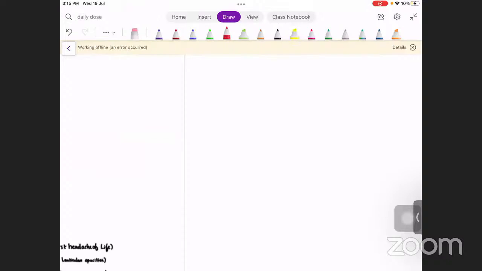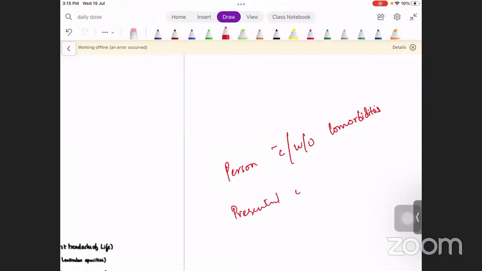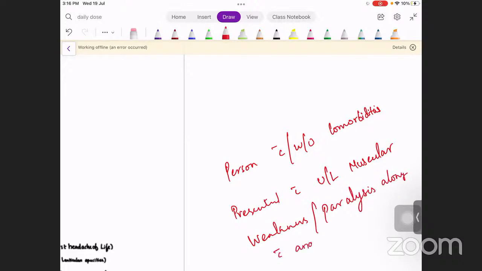An old man or any young man, a person with or without comorbidities, presented with unilateral muscular weakness or paralysis, along with deviation of the angle of mouth.